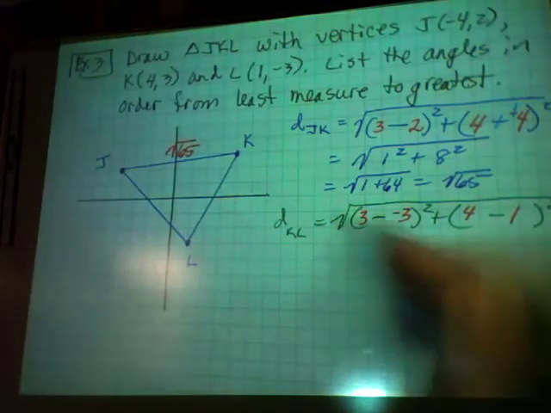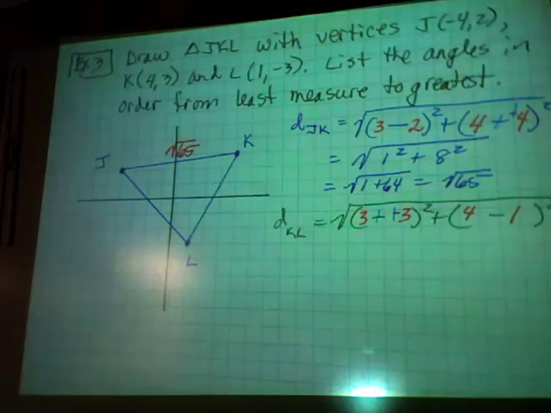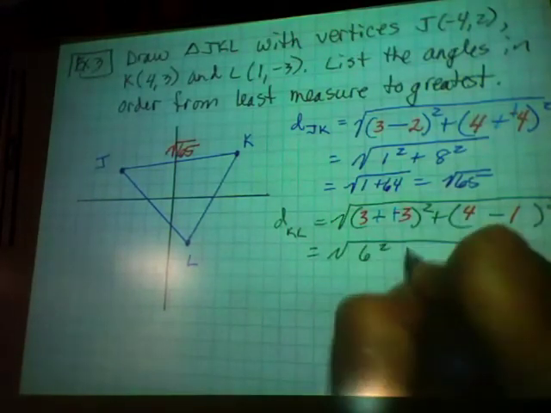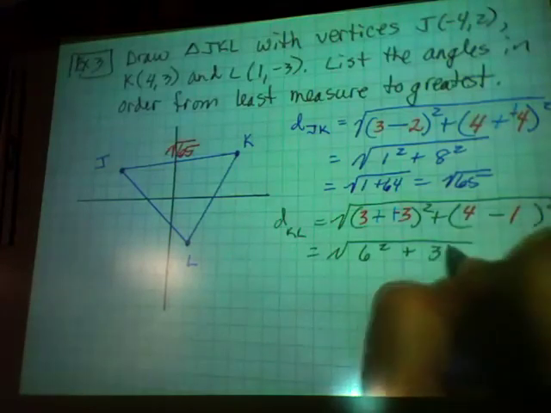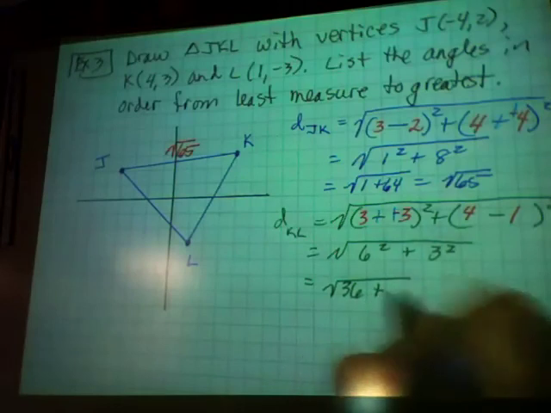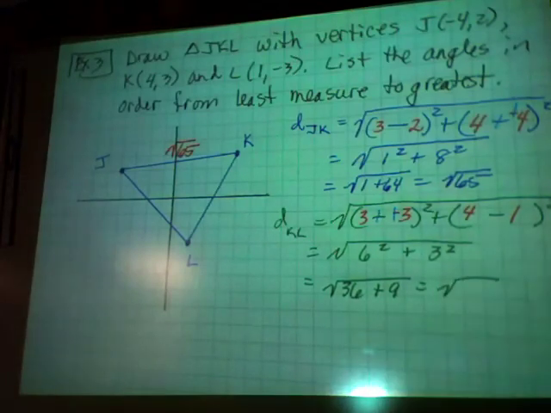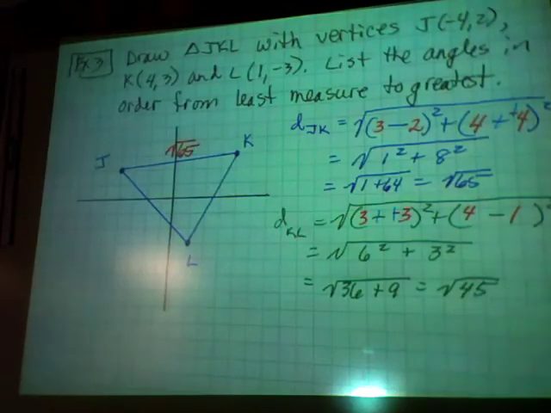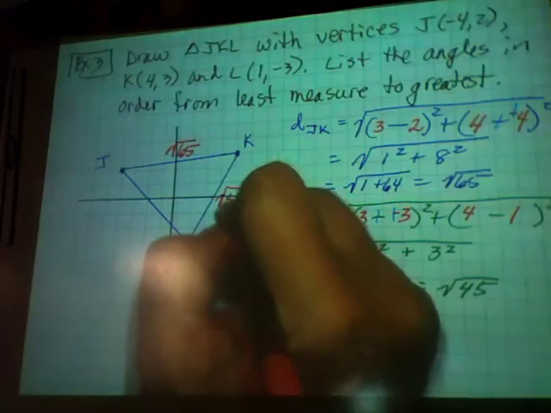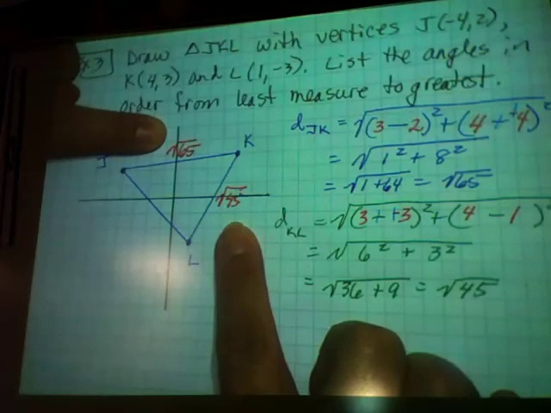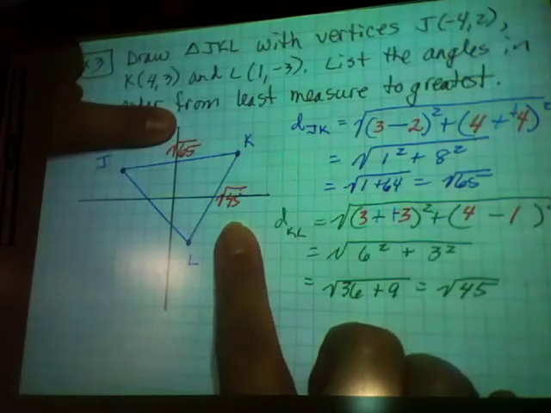So add the opposite, and I end up with 3 plus 3 is 6 squared, plus 4 minus 1 is 3 squared, which gives us 36 plus 9. What is that? 45. So for KL, I'm going to put the square root of 45. So when you compare these two, which side is longer? The JK, because 65 is bigger than 45.